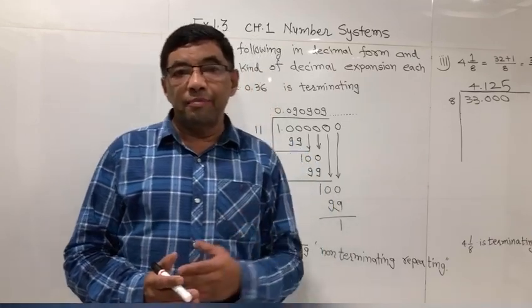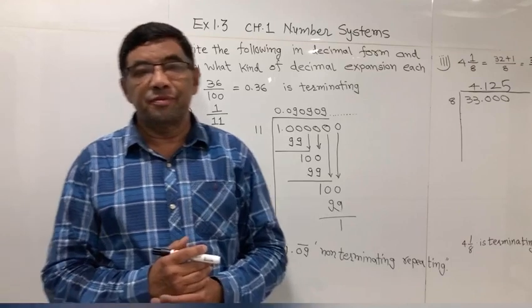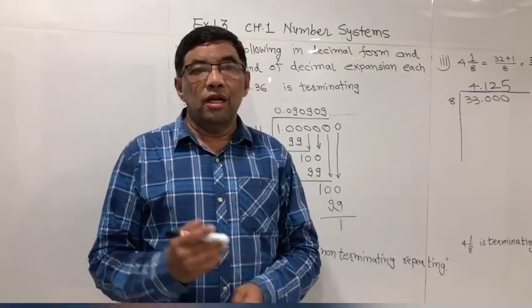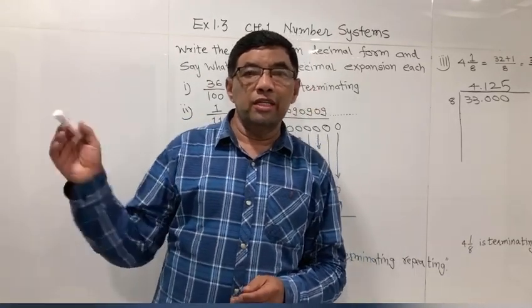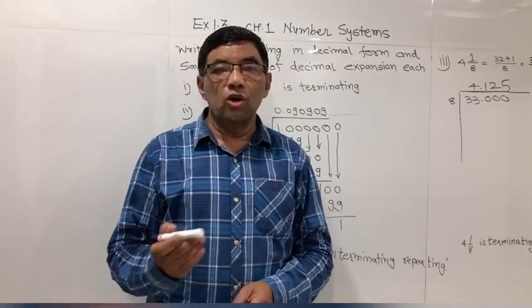The second type is non-terminating. When we divide and the answer is coming and coming and coming, no end, then it is called non-terminating.